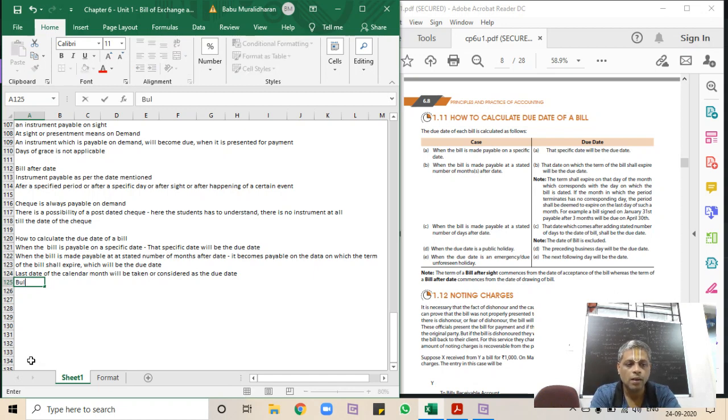A bill drawn on 31st January will become due on 30th April, irrespective of whether February has 28 or 29 days, March has 31 days, etc. After 3 months from date, it's February, March, and April. April 30th, it becomes due. Right?